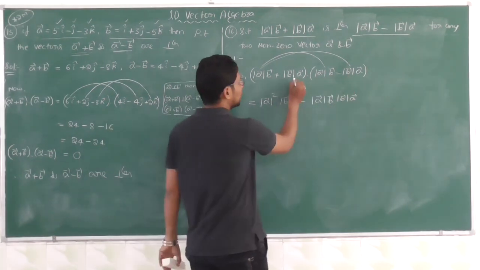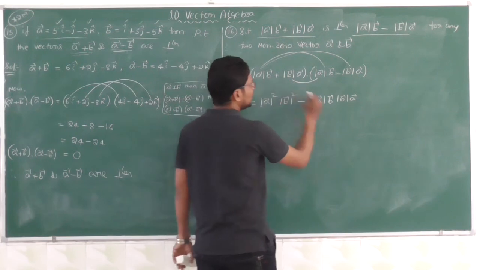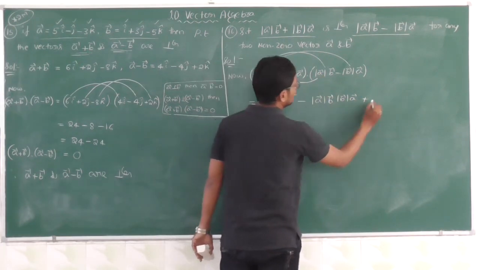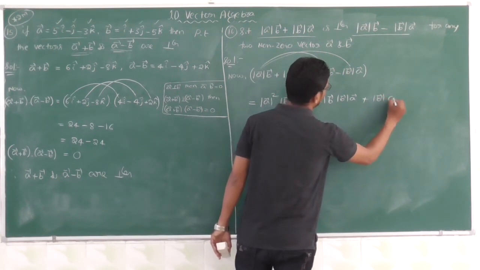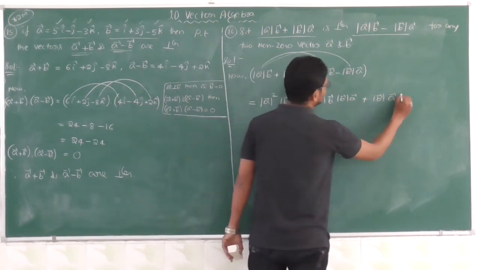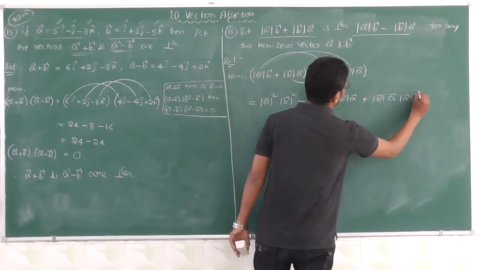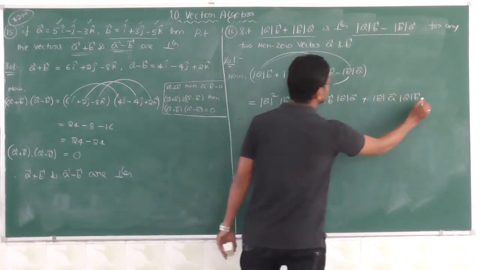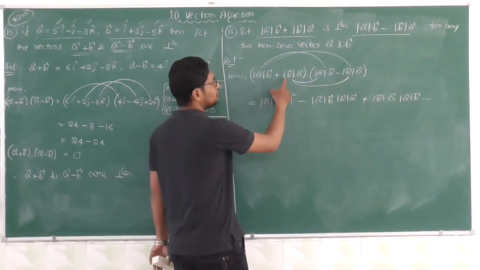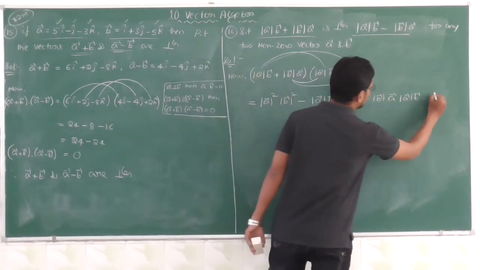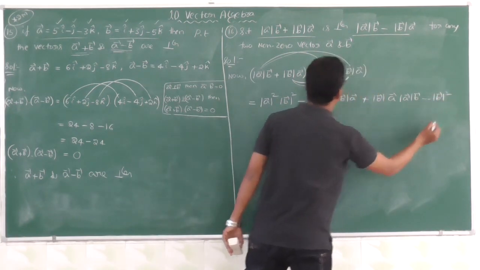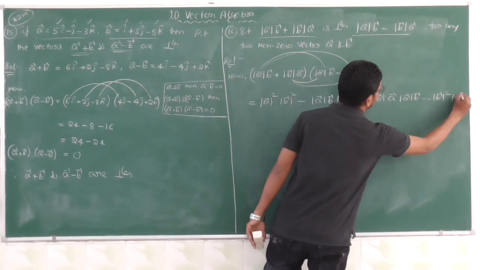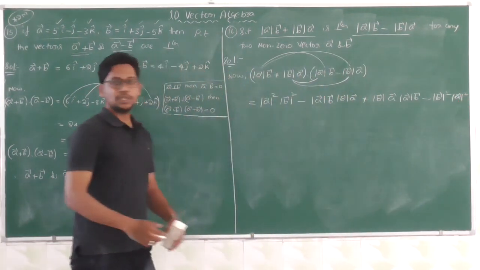Next, multiply this thing: B, it is plus B dot A, next A dot B. Next, multiply this vector to this one. Plus into minus is minus. B into B is magnitude of B square. Next, A dot A is magnitude of A square. You just see the things.